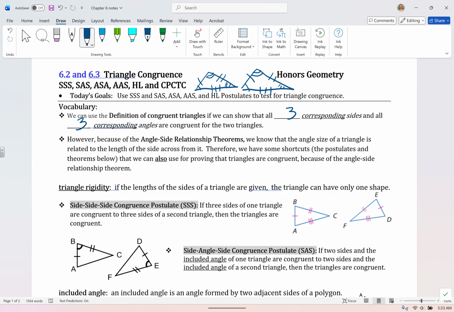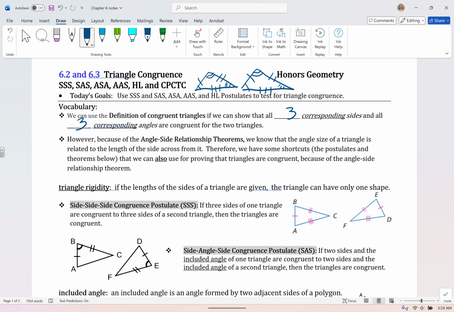In shapes that have more sides on them, it is not actually true. But in a triangle, the measure of an angle directly impacts the length of the side across from it. So if you have two triangles, and you show three important features match each other in those two triangles, then you actually have enough to say the rest will match as well, because of that angle-side relationship.